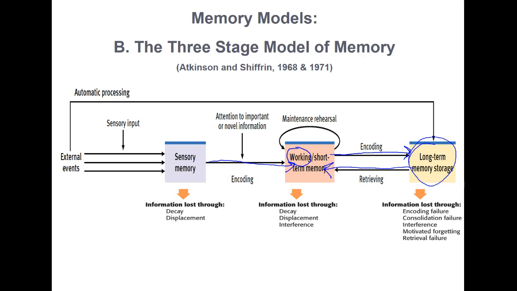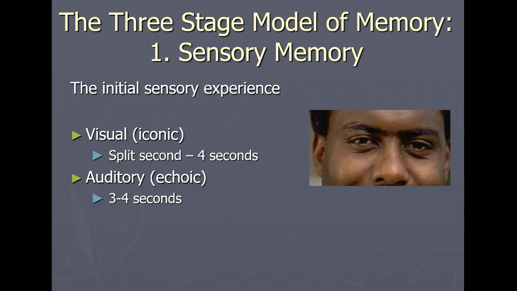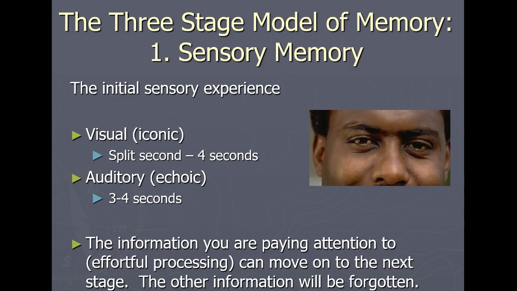So just to review a little bit here, sensory memory is the initial sensory experience that gets stored less than 4 seconds. Visual information is typically gone in a split second, but up to 4 seconds, I suppose.